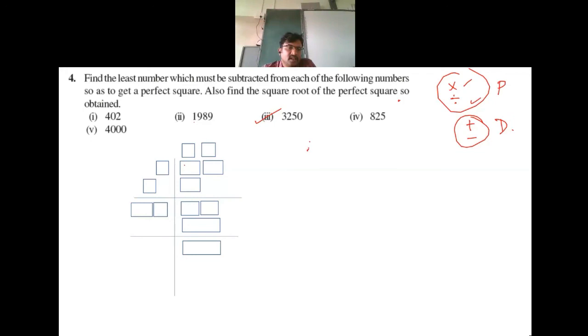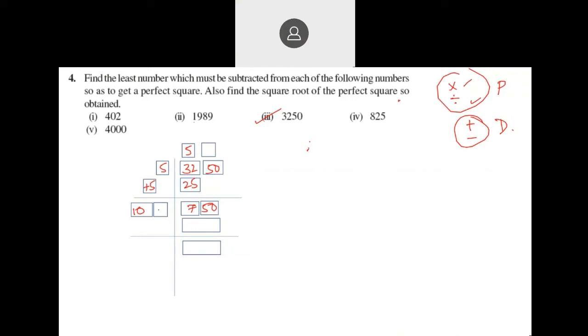The pair here is 32 and 50. The nearest square number to 32 is 25, we get it as 5 times 5, so 5 plus 5 is 10. The difference is 7, so we get 750 here. If you multiply 7 times 107, we get 749.